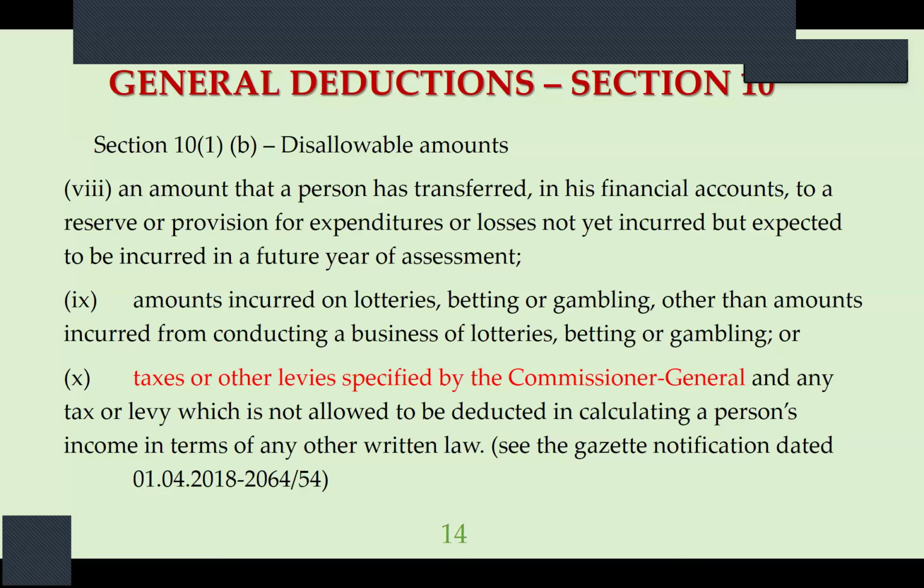We have a specific gazette notification for that. In that gazette notification it says value added tax. There are a lot of taxes, mainly value added tax. It is applicable to students like you. So value added tax is not allowable as a deduction, but SSCL is allowable as a deduction.